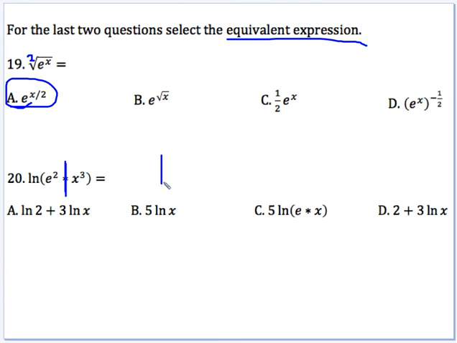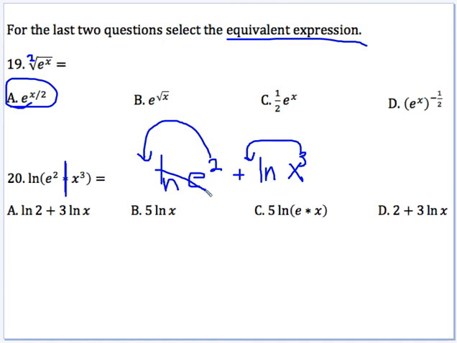So you have natural log of e squared plus, because of the multiplication we have plus, natural log of x cubed. Okay, again, exponents go up front of logarithms, and you're multiplying. And then in this case, the natural log and the e cancel out, so you should have 2 plus 3 times the natural log of x. So in that case, this is our correct answer.